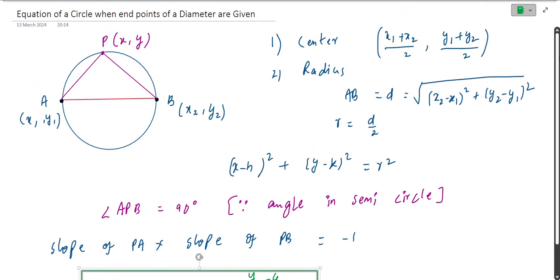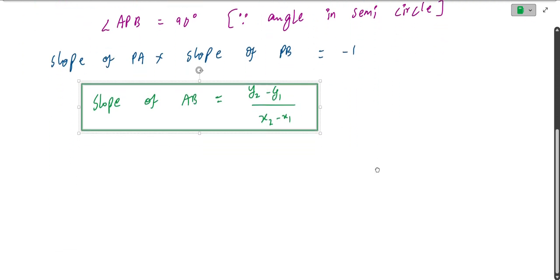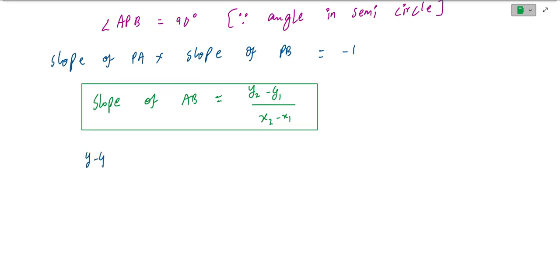So the difference of y coordinates in the numerator, divided by the difference of x coordinates in the denominator, taken in order.